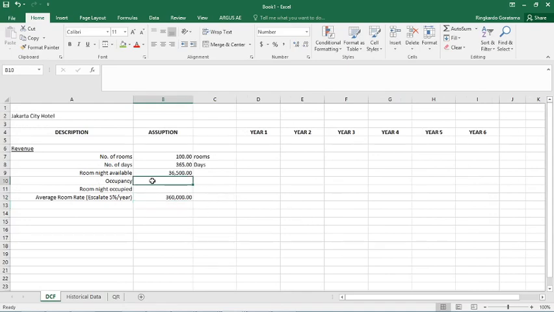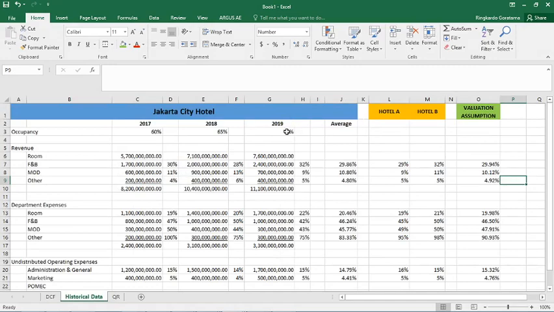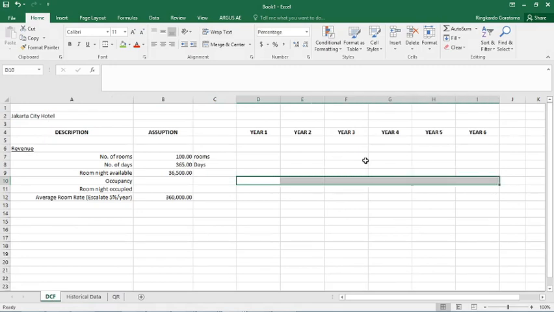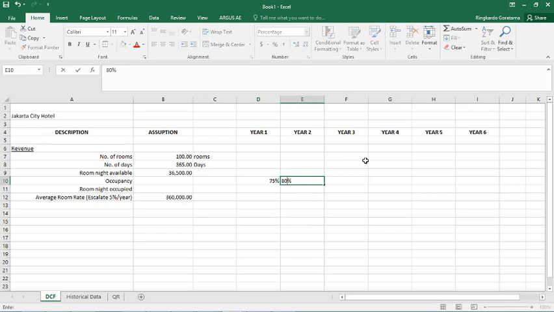And the occupancy based on the historical data, 70% is the last one. So let's say in our assumption, we can put 75%, 80%, and let's say just for argument only, for discussion only, in year 3, there will be like the Asian Games or a tournament in Jakarta, and we can assume the occupancy can be increased to like 90%.